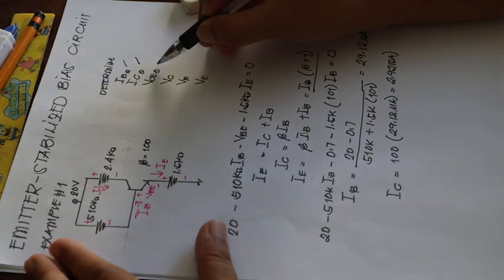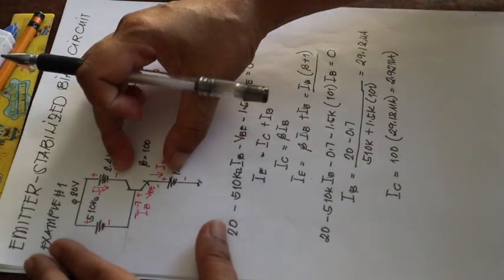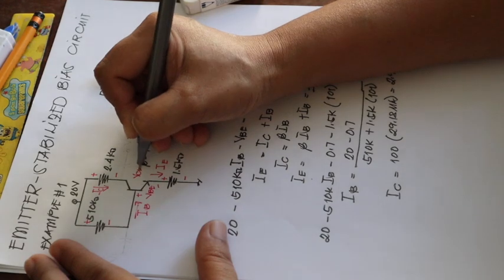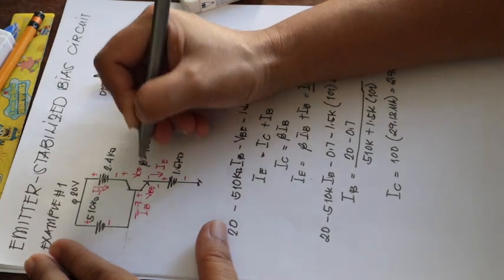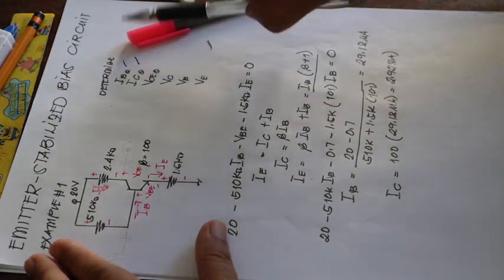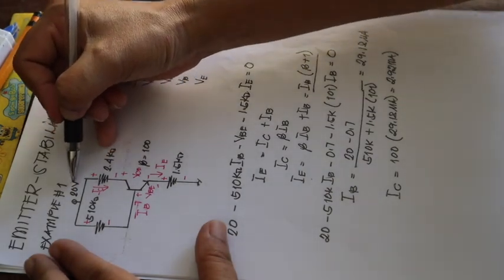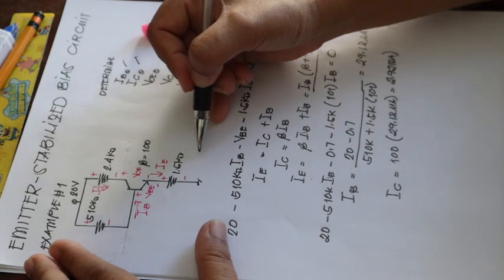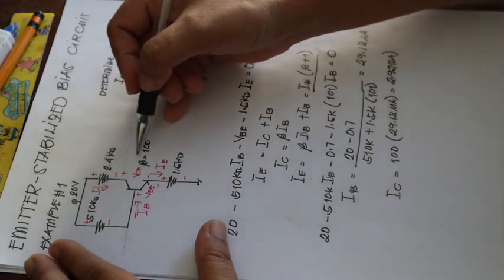Okay, so what's next? VCE. Ang VCE is nasa output loop. VCE would be here, plus and minus. Then, what are we going to do? Kunin lang natin ulit yung KVL down this loop or down this path.